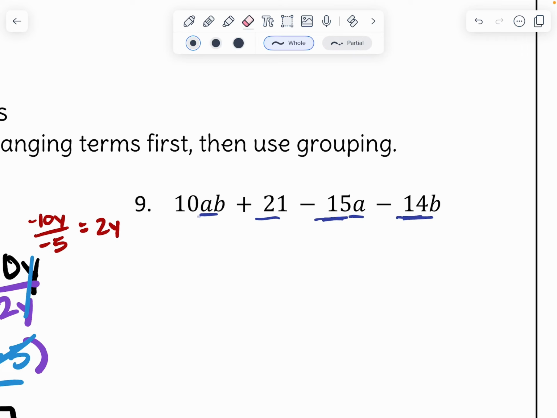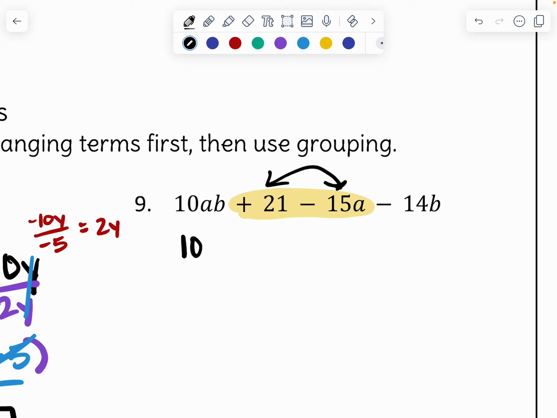So it would be really good to switch these middle 2 terms before I try to factor. So 10ab minus 15a plus 21 minus 14b.